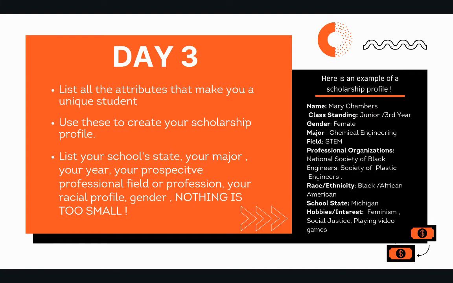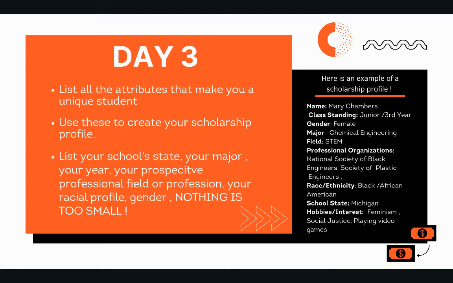She's going into the STEM field, and she's also Black or African American. Because she's Black, and because she's going into the STEM field, she can join the Society of Black Engineers. So they have professional organizations that focus on one, two, or three of your identifiers or descriptors. She's Black and she's an engineer, and that's how she found the National Society of Black Engineers. So search for professional organizations for your major, because they do exist.